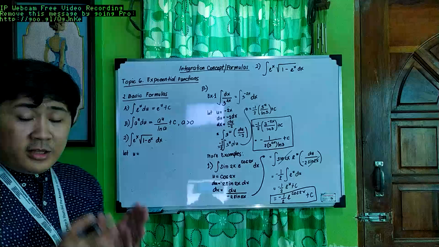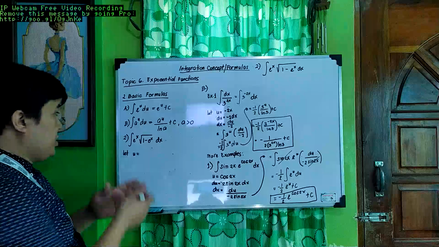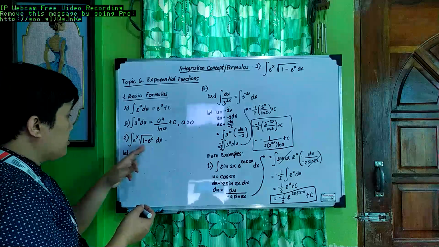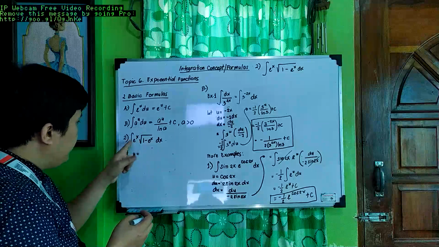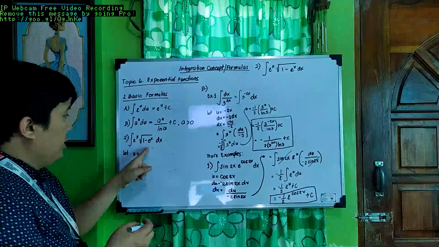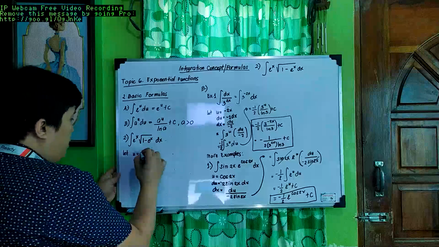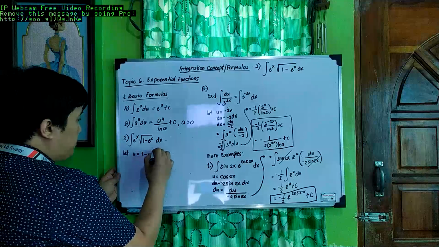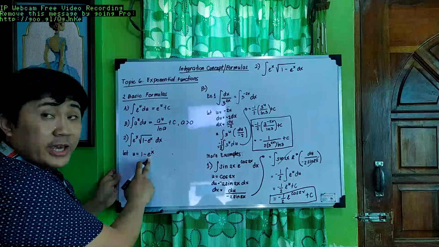Because our target is to have a term that could cancel one of those, e raised to the power of x or the other one. So basically the answer will be 1 minus e raised to the power of x, because when we derive this one, that is still e raised to the power of x.